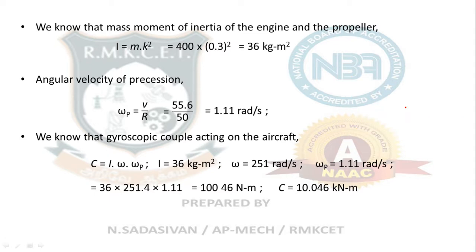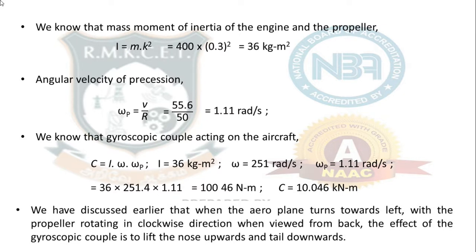Now that effect we are going to state. The value of the active gyroscopic couple is 10.046 kilonewton meter. We know that active and reactive couples are numerically equal. The effect of this reactive gyroscopic couple is, as we have discussed earlier, in the last class, if you remember, we put an entire tabulation and saw what will happen to the aircraft in each case.